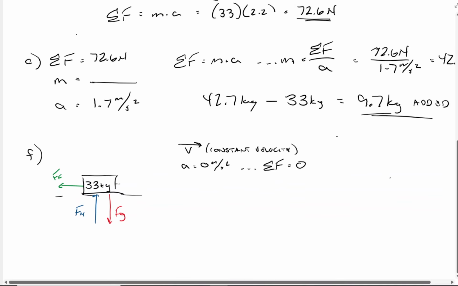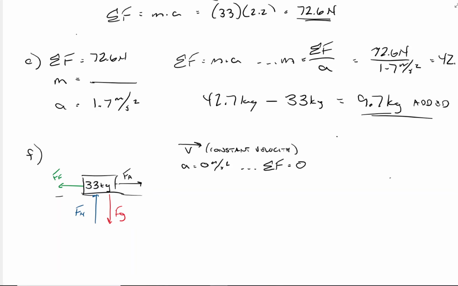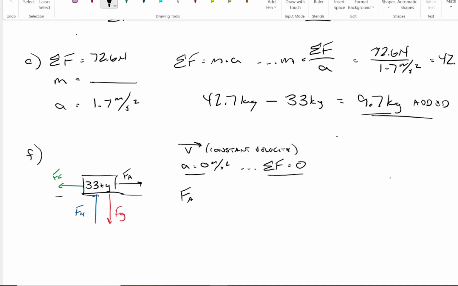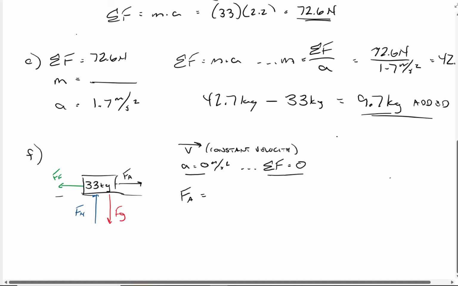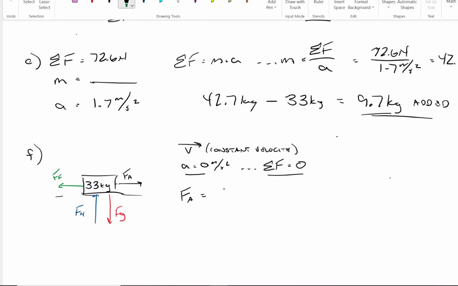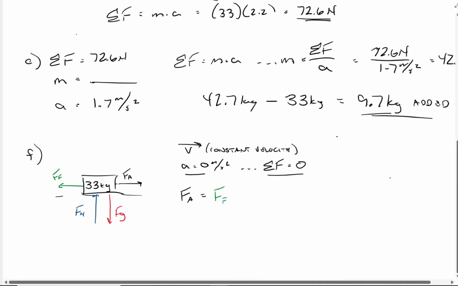Something is pulling to the right, and that's something I'm going to call the applied force. Since I'm not accelerating, the net force has to be 0. My up and down forces cancel. Well, that means Fa has to be equal to the friction force. They have to be the same amount.